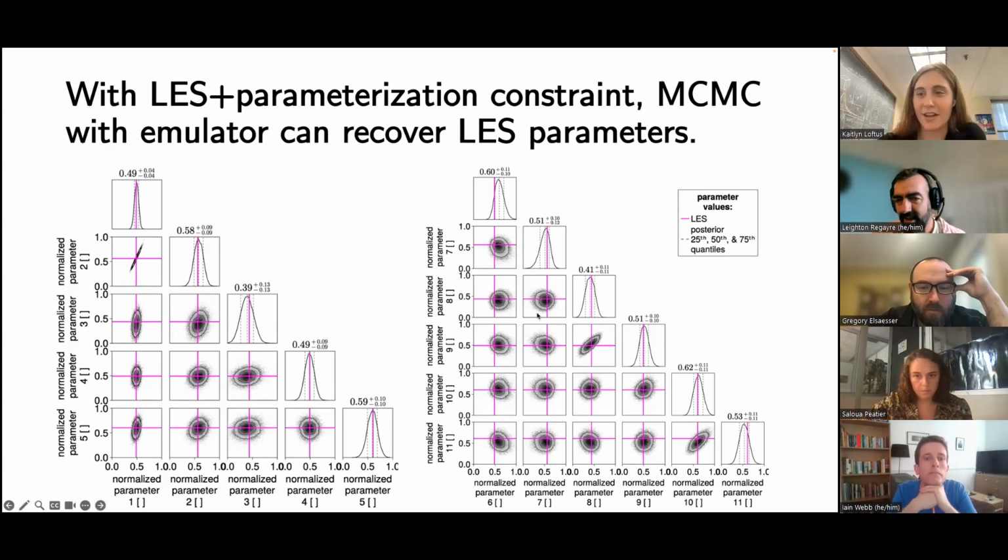So sorry, I kind of skimmed over this. Basically, the crosshairs here are showing the actual parameter values that were inputted into the LES, and the edge, like this single line, is showing the marginalized PDF of each parameter. So the range of possible values given the constraint, ignoring what all of the other parameters are.